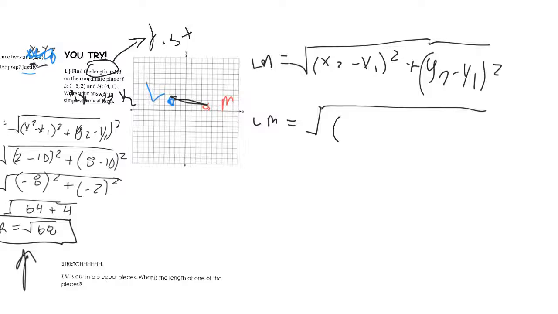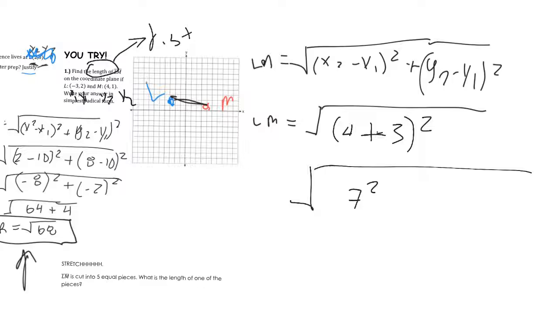So let's do x2 minus x1. x2 is 4 minus negative 3. So there's a double negative here. We're going to have to be careful. I might do this right now just so you see it. 4 minus negative 3. If it's a minus negative, it's a positive. 4 plus 3 is 7. So this is 7 squared.